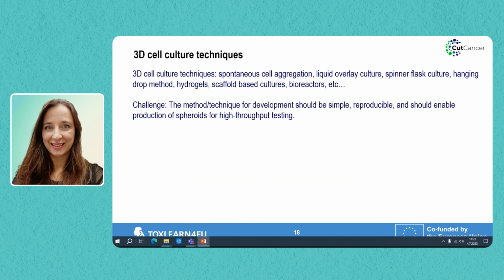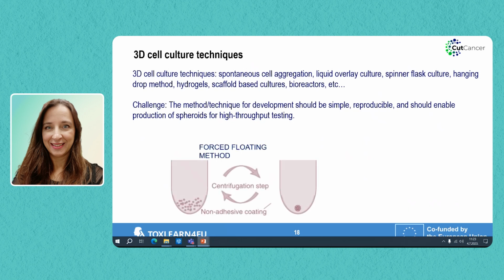So there are many techniques, as I mentioned, but the challenge in our research is to have a technique or method that should be simple, reproducible, and should be able to produce many spheroids that we can use for high throughput methods. For example, in our laboratory, we are using two different techniques.